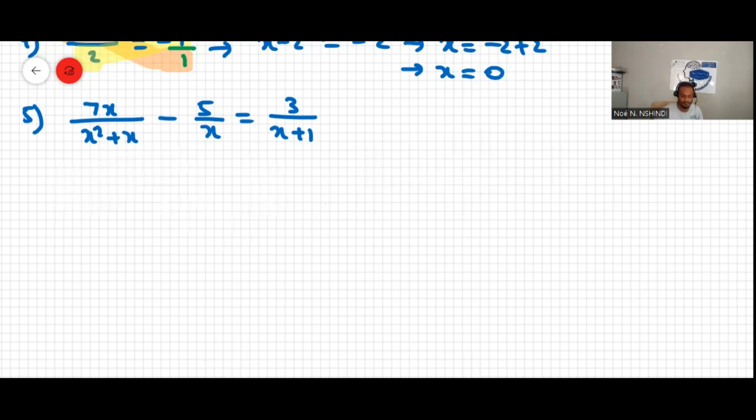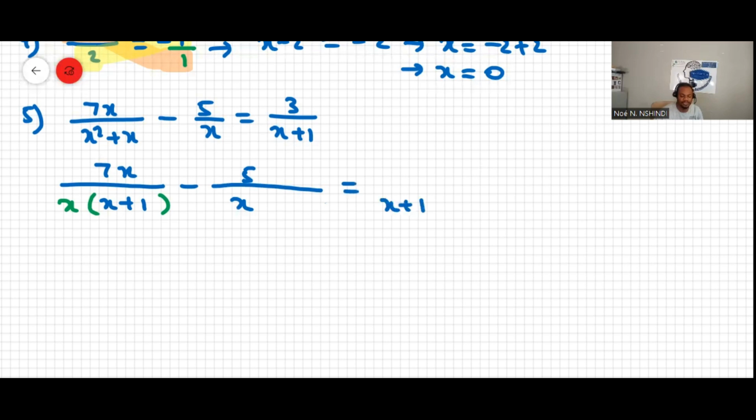So this will be what we factorize here, it was x factors of, so 7x there, that can be like x plus 1 minus 5 over x equal to 3 over x plus 1, okay.